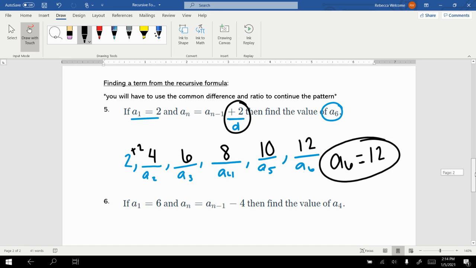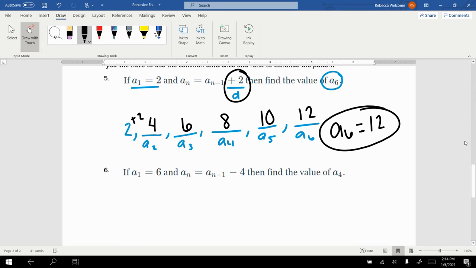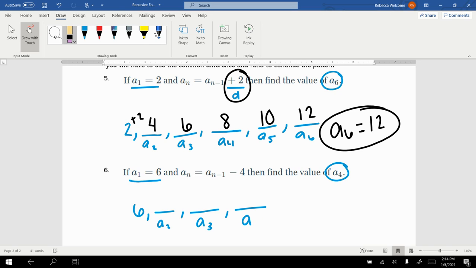Okay, so same thing with this next example. I'm starting with the first term of 6, and I want to get to A sub 4. So A sub 2, A sub 3, A sub 4. Your common difference here is minus 4.